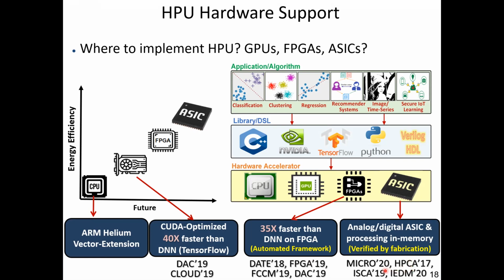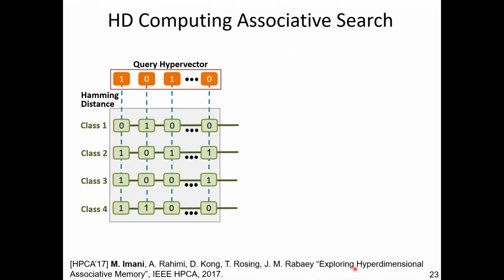We even have a fabricated chip, where we verified the functionality of some basic operations. Our recent work at MICRO 2020 gives a more general overview of our design in computer architecture venues, showing how we can use HD computing to revisit existing algorithms, like unsupervised learning algorithms, to run efficiently in HD space.